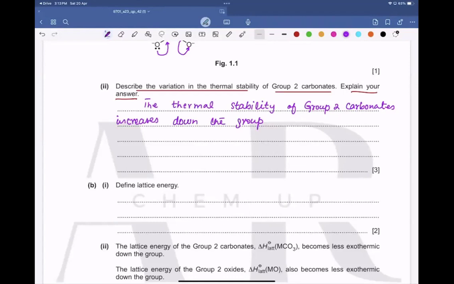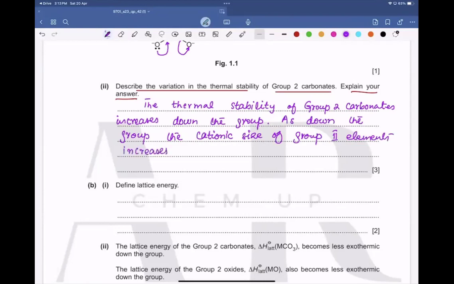Okay. So why does the thermal stability increase down the group? As we go down the group, the cationic size of group 2 elements increases, and if you recall, due to this increase, the ion polarization becomes less.